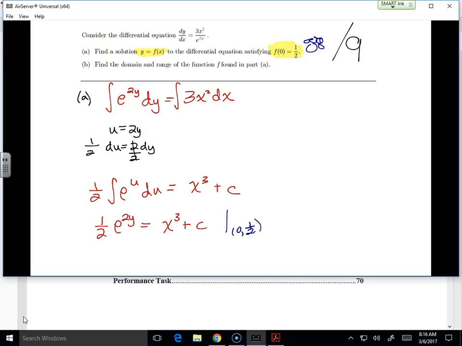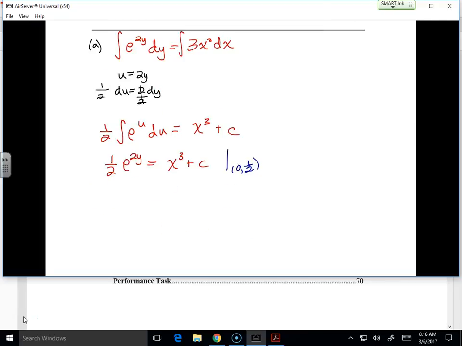When I plug in 0, 1/2, I get 1/2 e to the 2 times 0 equals, wait, 0 is who, x or y? 1/2 is the y value, 0 is the x value. So what is c going to end up equaling? Well, that's just 0. 1/2 e to the 1. Isn't that just 1/2 e then? Okay, cool. So now we know c.